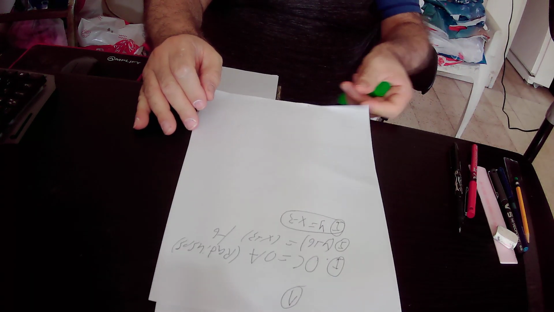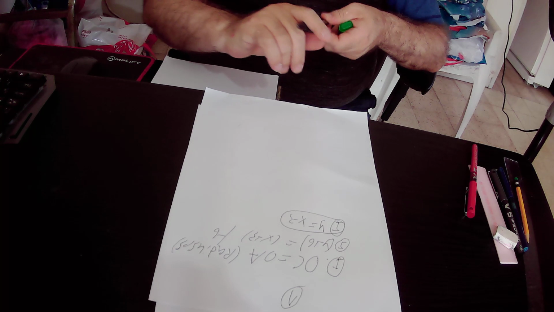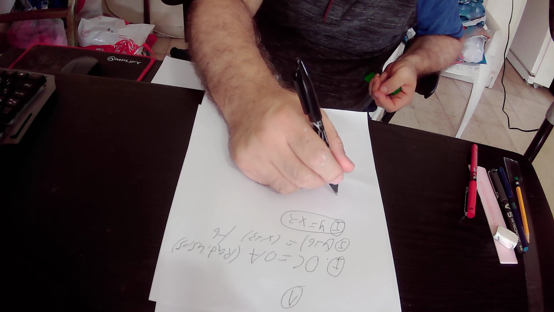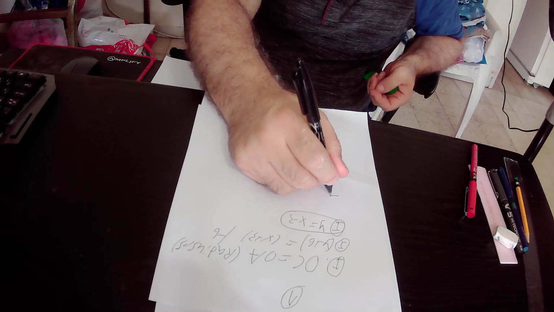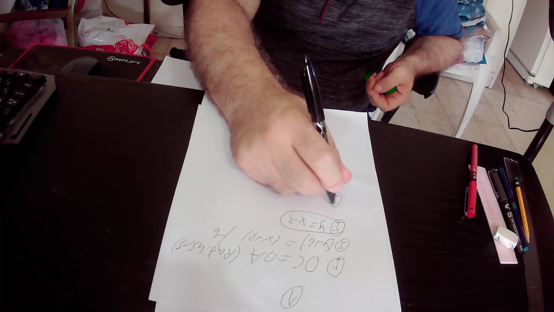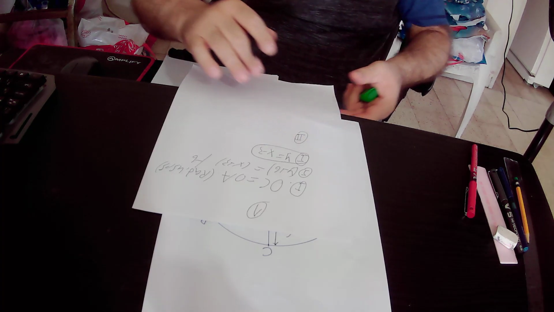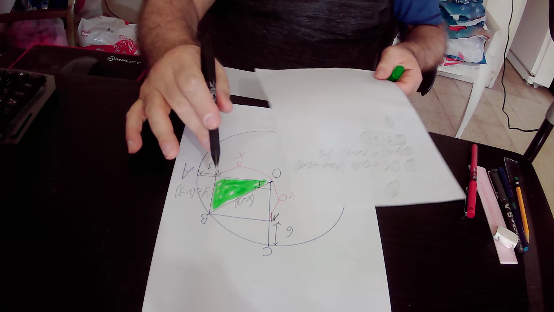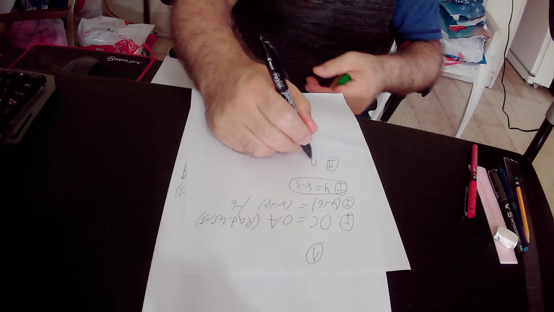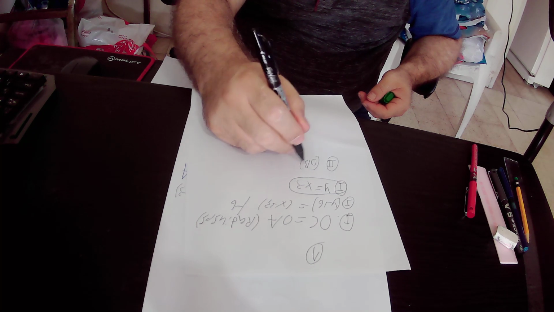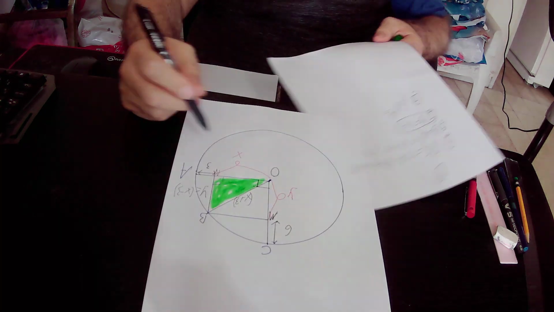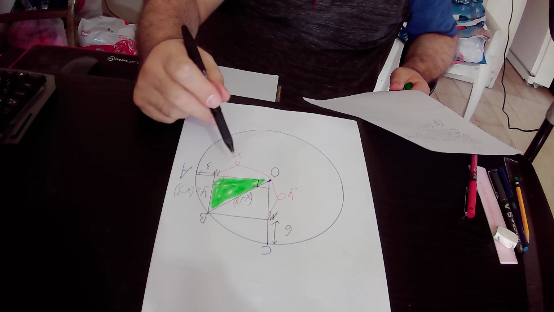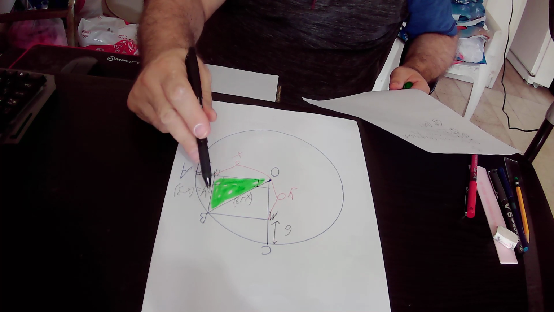Okay, so our second equation will be the implementation of the Pythagorean theorem in our green right triangle OBN.